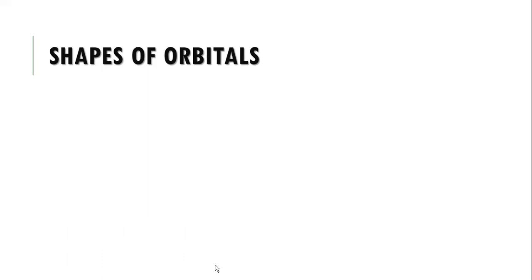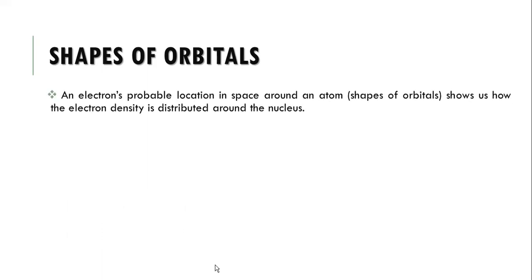The shapes of the orbitals. Whenever we speak about shapes, how can we define them? An electron's probable location in space around an atom shows the shapes of the orbital. It shows how the electron density is distributed around the nucleus.